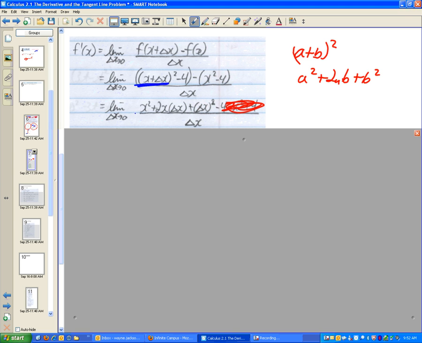So that became that. Don't forget to copy down the minus 4. And then on that last parentheses, we need to distribute the negative, don't we? Negative x squared, positive 4.